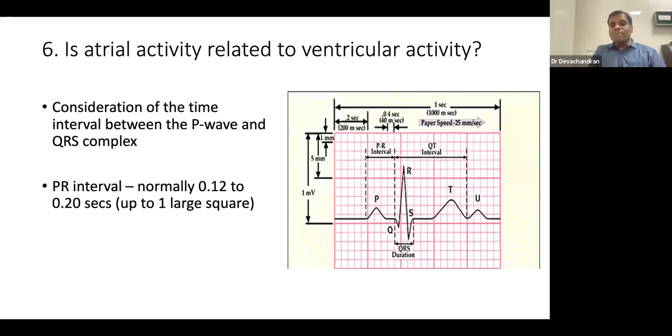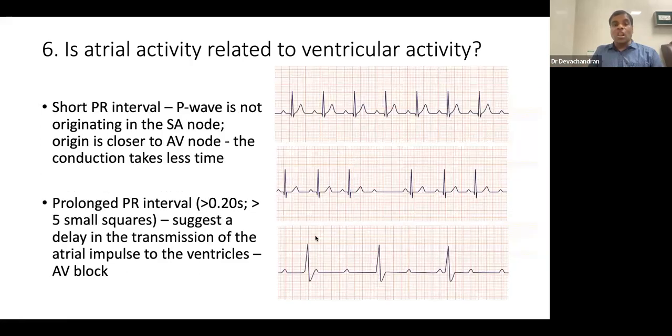So if the PR interval is longer, long PR interval, like here P followed by a very long QRS, then it indicates there is some problem in the transmission of the atrial impulse to the ventricle. If the PR interval is really shorter, then the conduction takes very less time to reach the AV node.